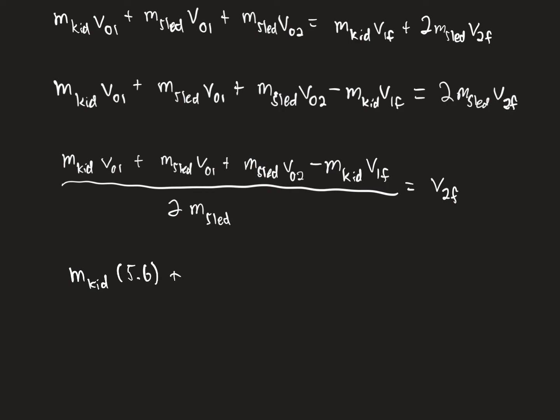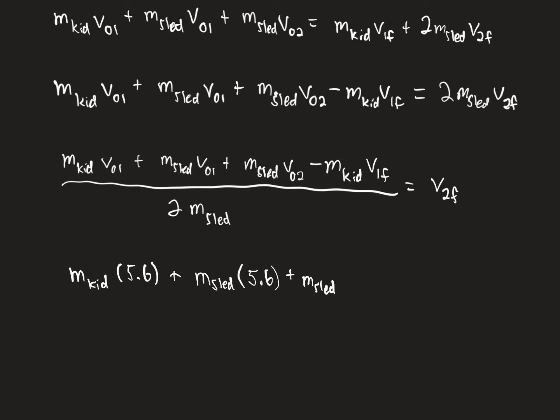Plus mass of the sled. Do I know the mass of the sled? No. Do I know the initial velocity of the sled? Yes. The second one or first one? First one. 5.6, because it's going the same speed as the kid. And then we have the second sled, plus the mass of the sled.